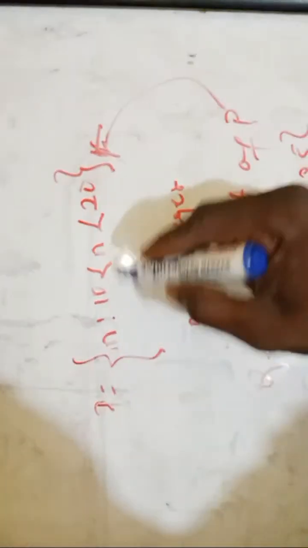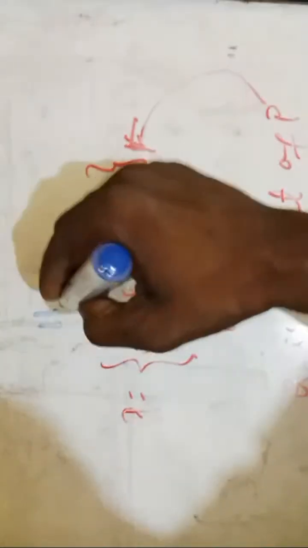Remember the values of the P here, if you want to list them, n is greater than 10. So here we are going to have 11, 12, 13, 14, 15, right? So up to 19. Is that okay? Then the Q here is a subset of these, meaning that the Q can be found out of these.